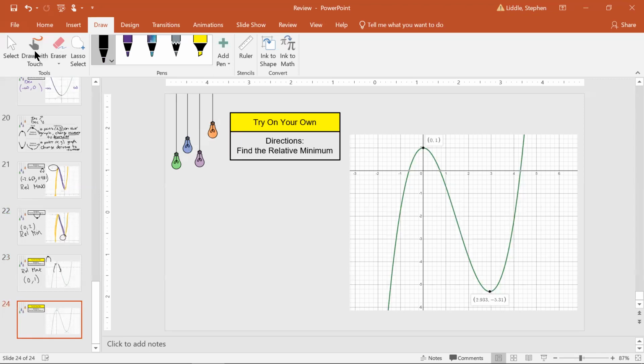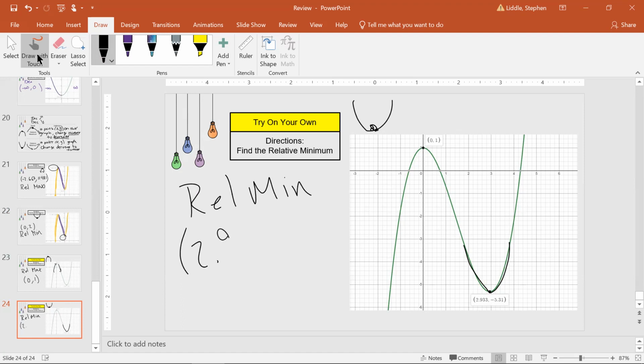And then our relative minimum is when we're decreasing to increasing. So it'll look similar to here. In this portion of the line, we're decreasing to increasing. So our relative minimum is going to be 2.933, comma, negative 5.31.